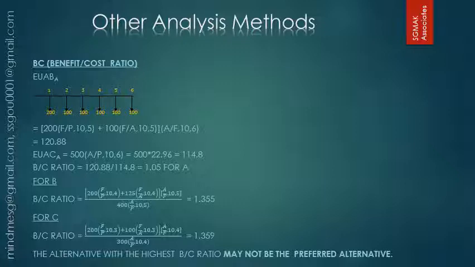Okay, so we cannot make decisions by looking at the ratio and selecting the best. Individual alternative, if the ratio is less than 1, it drops out from consideration. We do incremental analysis when useful lives are equal. When useful lives are not equal, we do based on equivalent uniform annual benefit annual cost. In that case, benefit cost ratio alone cannot decide. Highest benefit cost ratio, the alternative with highest benefit cost ratio may not be the preferred alternative.